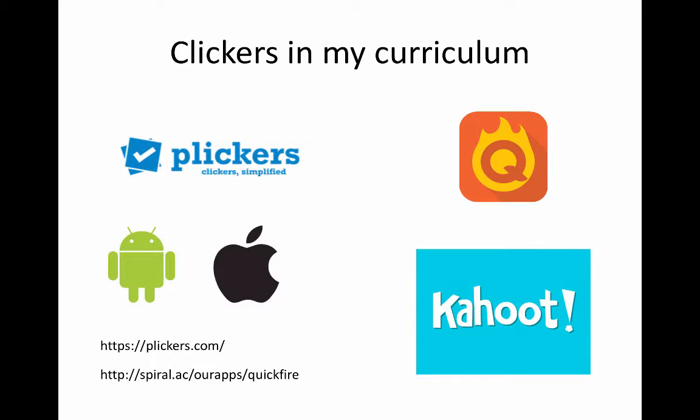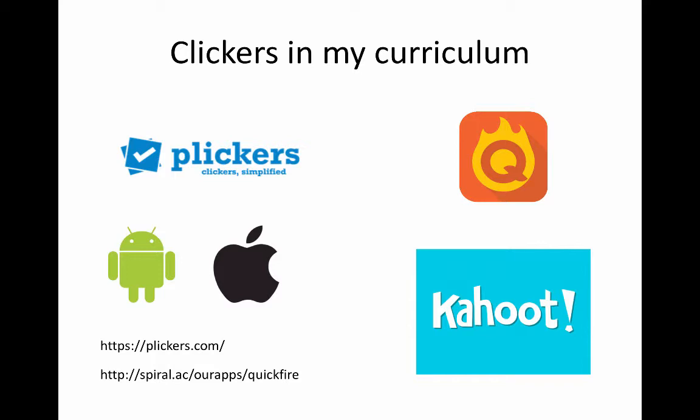There are a lot of different options out there. Some are paid, some are free. For my curriculum, I like these free apps, things like Plickers, Quickfire, Kahoot. They're really nice because they're cross-platform. They're free. They're easy to use, and provide the data.